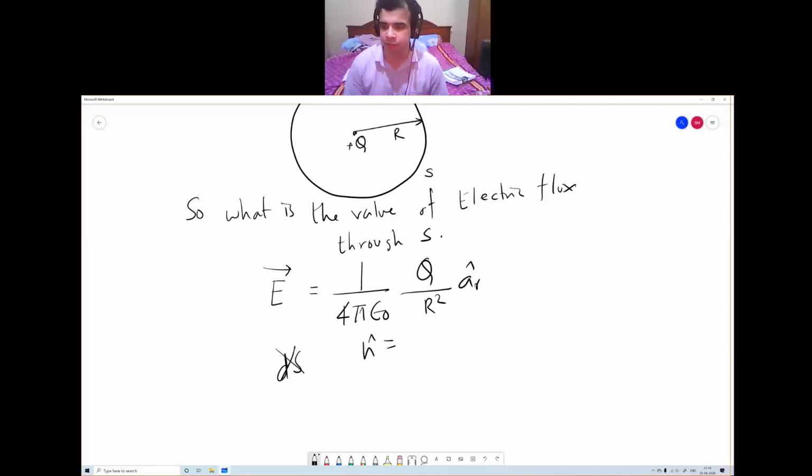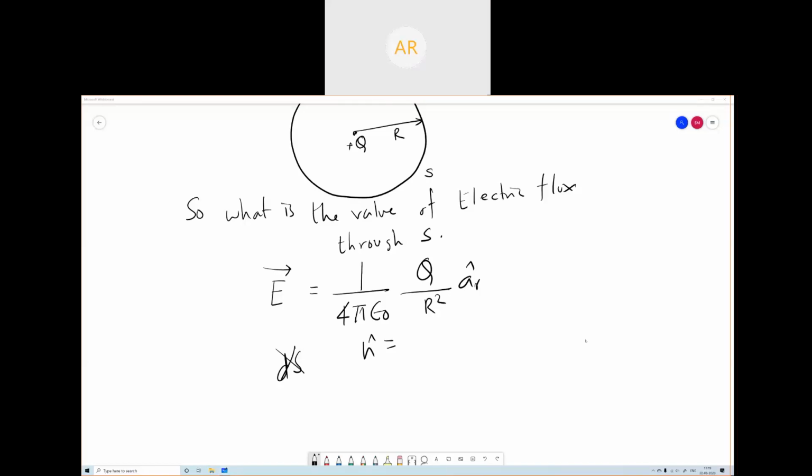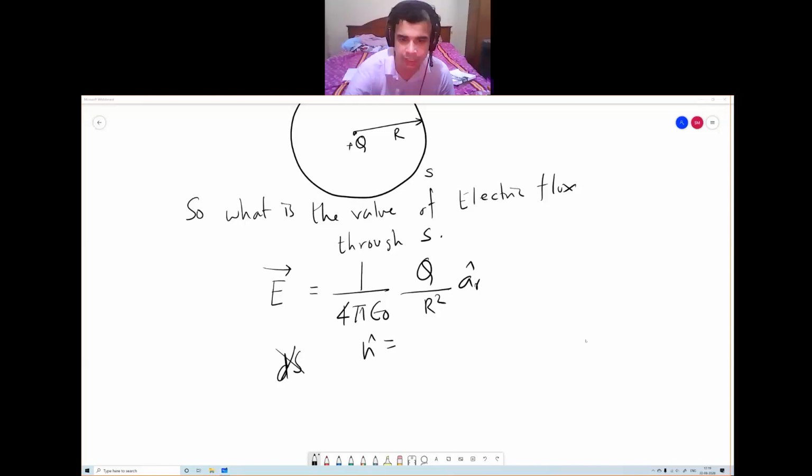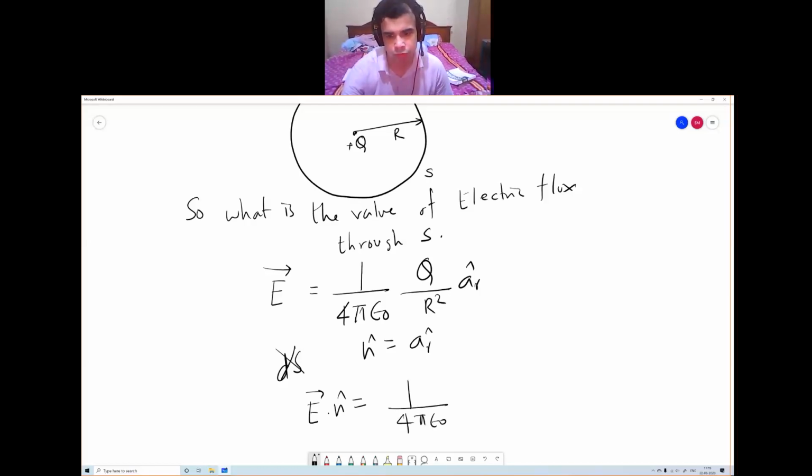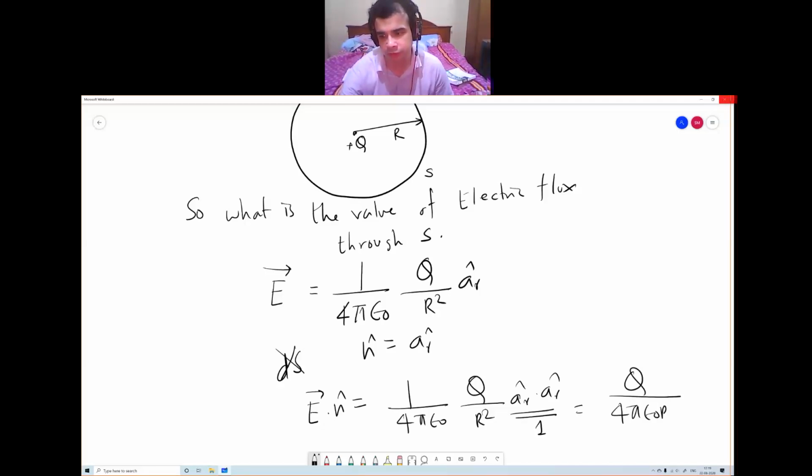And that is represented by which vector? A R. Right? So E dot N will be 1 by 4 pi epsilon naught, Q by R square, A R dot A R. This is 1. So Q by 4 pi epsilon naught R square.